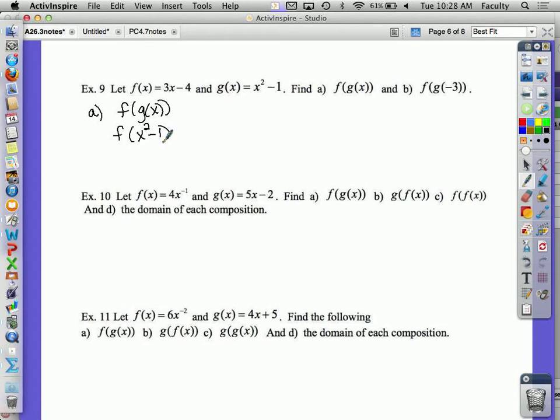So if f is the outside function, you want to think of 3x minus 4 not as 3x minus 4, but 3 times an input minus 4. But my input is x squared minus 1. So 3 times your input minus 4. So 3x squared minus 3 minus 4 is 3x squared minus 7.